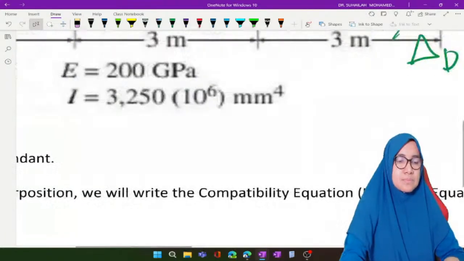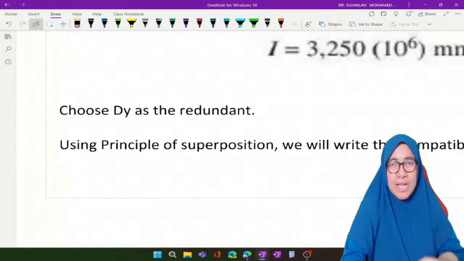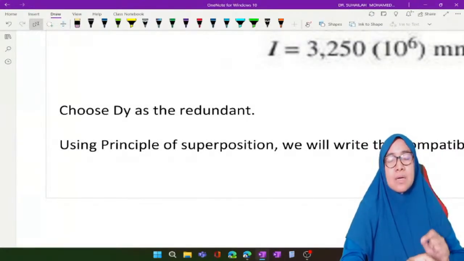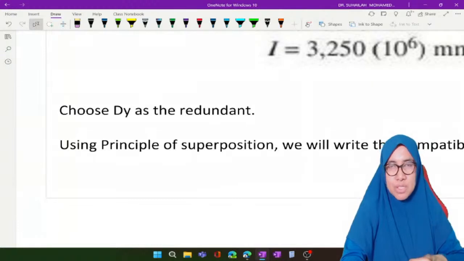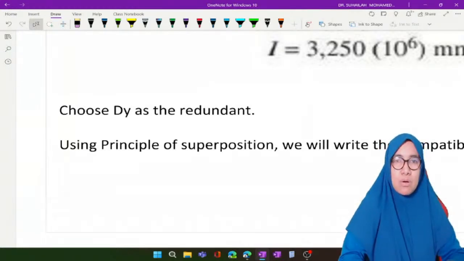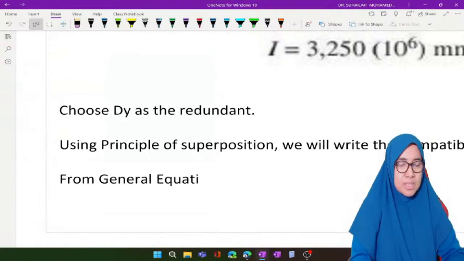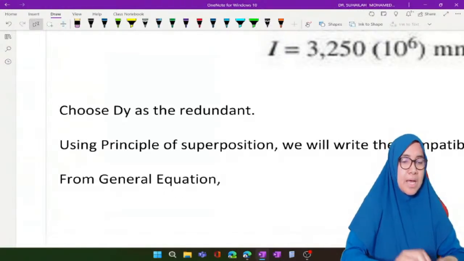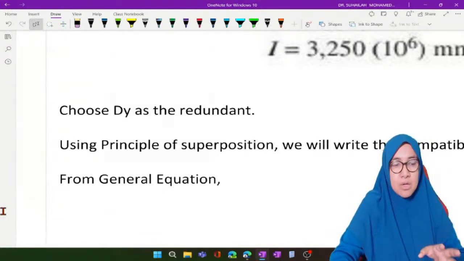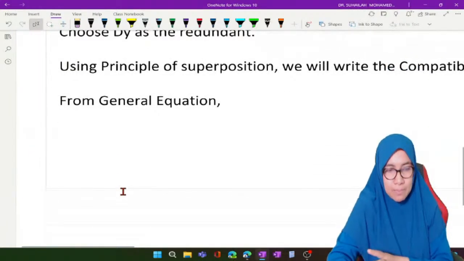This compatibility equation is based on the displacement occurring at the redundant position. So from the general equation, the actual beam equals the primary beam plus the redundant beam, the redundant Dy applied.